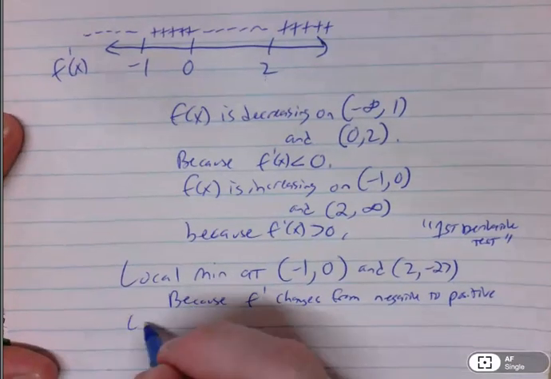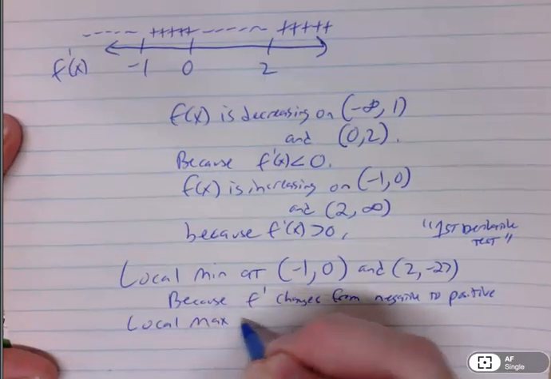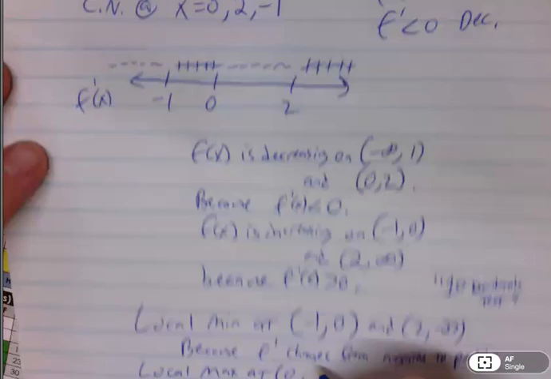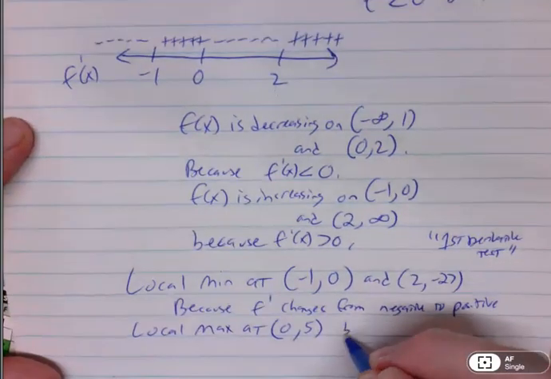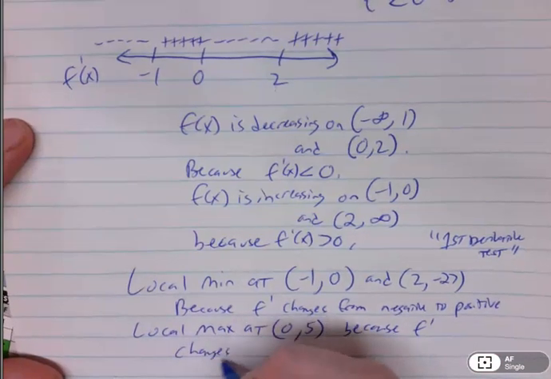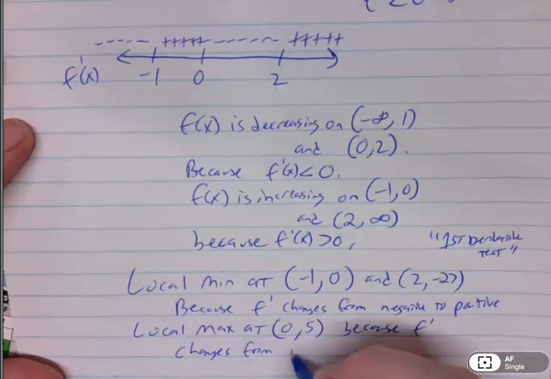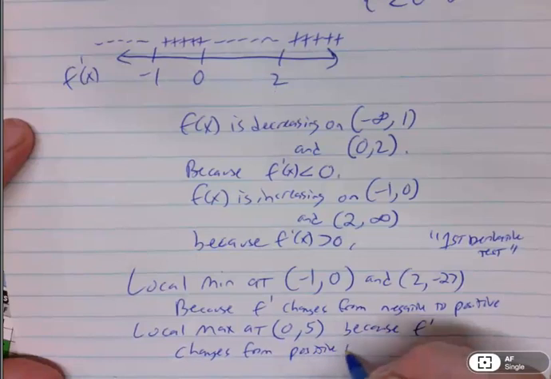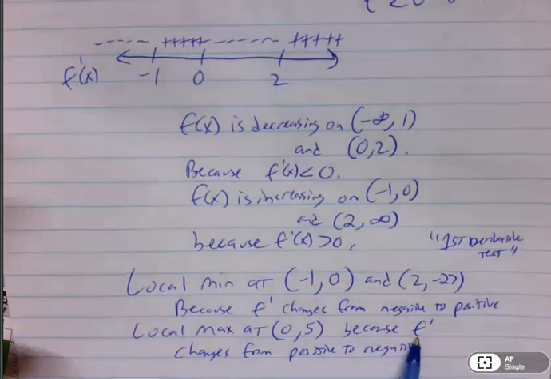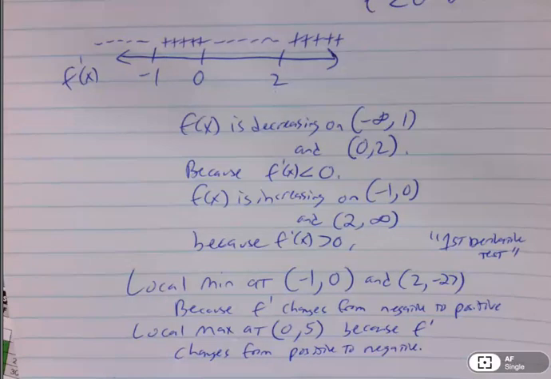And then, of course, we have a local max at 0, 5, it looks like, because f prime changes from positive to negative. Or f changes from increasing to decreasing. That would work as well.